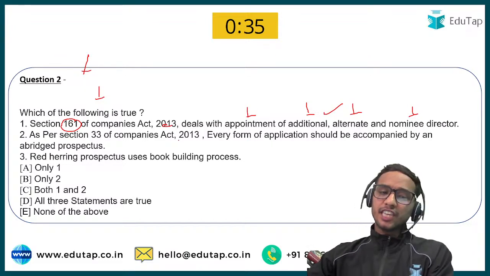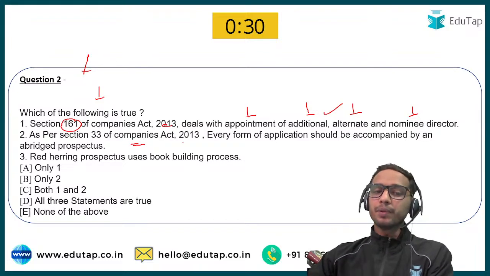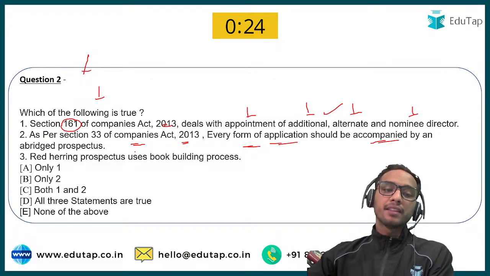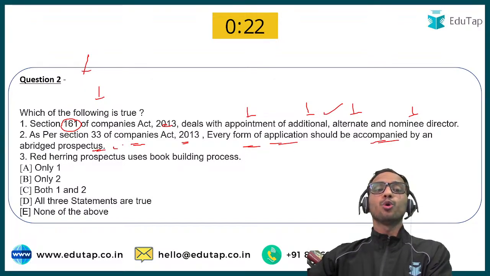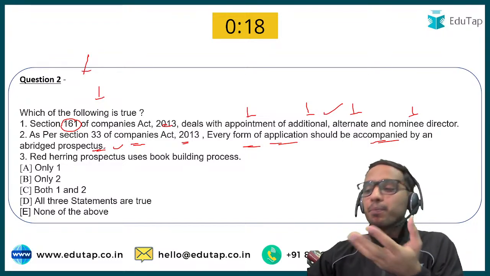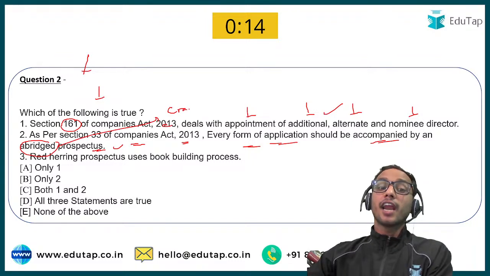The second statement says as per section 33 of the Companies Act 2013, every form of application should be accompanied by the abridged prospectus. This is also absolutely correct, but let me first discuss with you what this abridged prospectus is. This abridged prospectus is like a crash course, you can say.